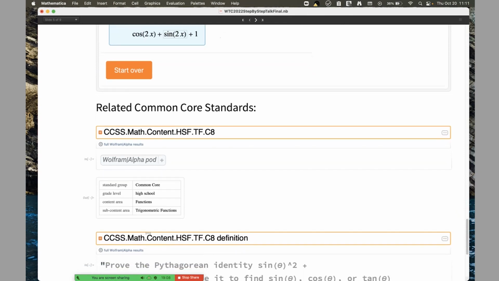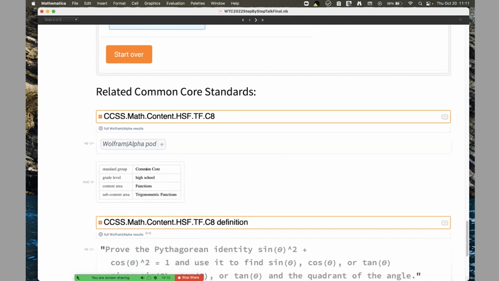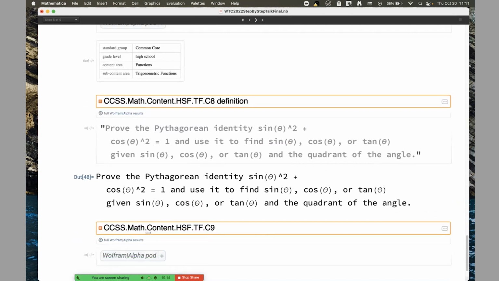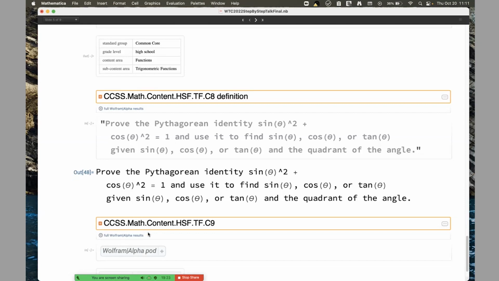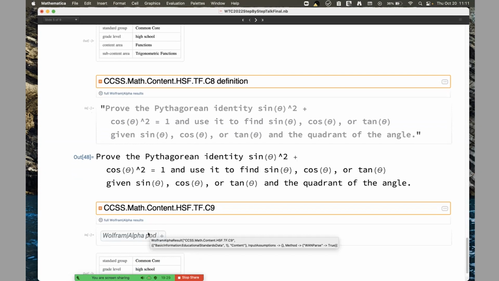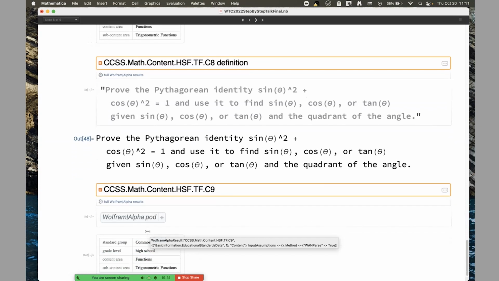So in particular, there are two trigonometric functions, and then we can also get that definition as well. So we can get information on the Pythagorean identity of sine of theta squared plus cosine of theta squared equals 1. And then, as mentioned earlier, we can use that to find various other Pythagorean identities. And then we also have another standard here for the Common Core.